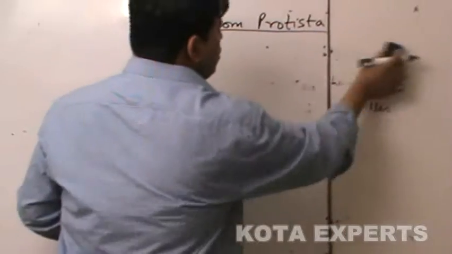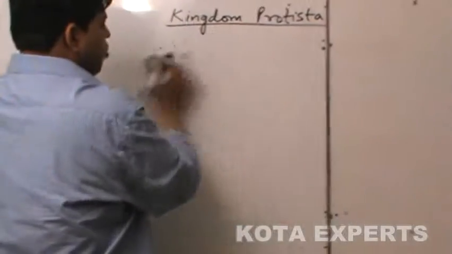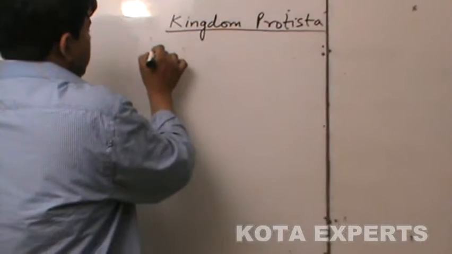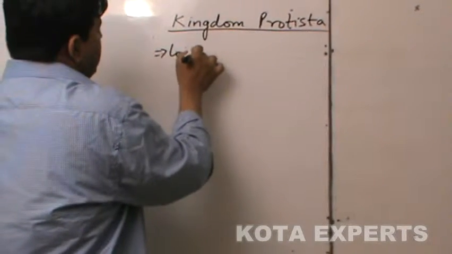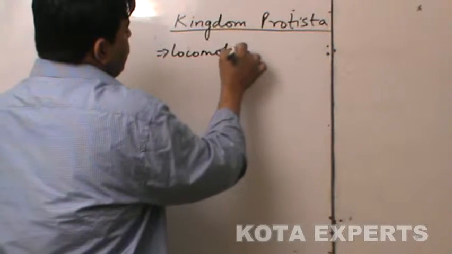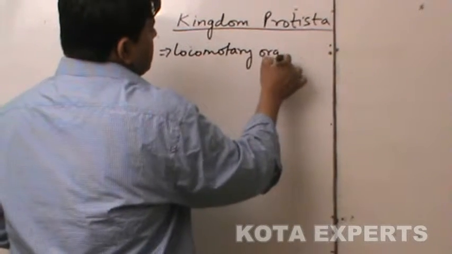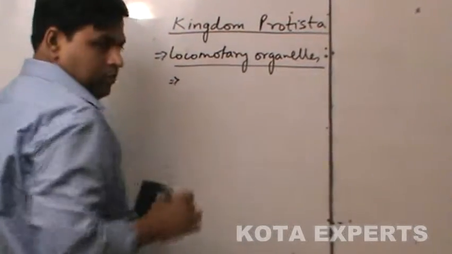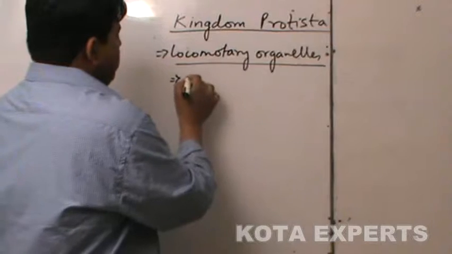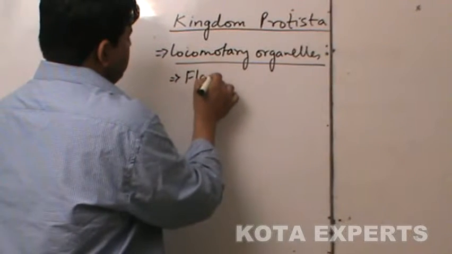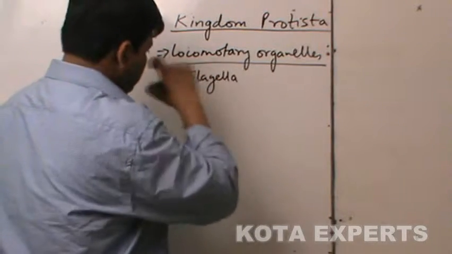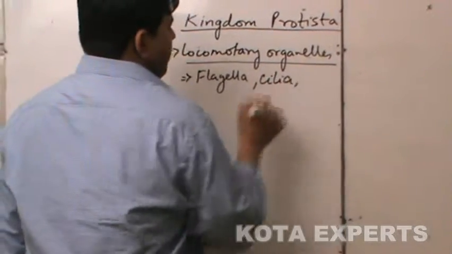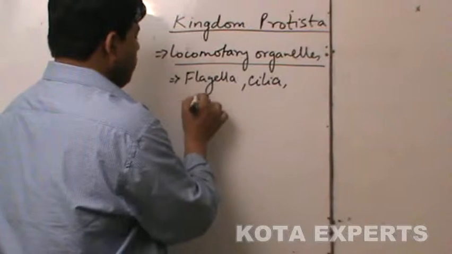Then we have a look at the other characteristics, about locomotion: how they locomote, whether they locomote or not. All the members do not locomote, but locomotory organelles may be flagella or cilia or pseudopodia.